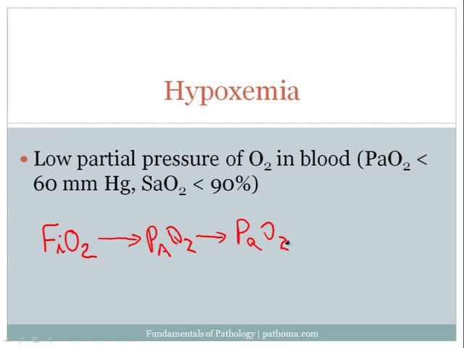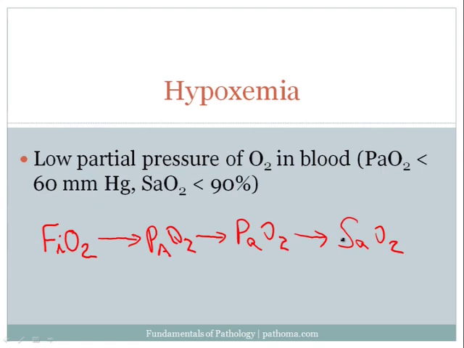And then that P small a O2, its goal is to squeeze oxygen across the red blood cell membrane to load oxygen onto hemoglobin, creating an SaO2. So this is the sequence of how oxygen is squeezed eventually into hemoglobin.